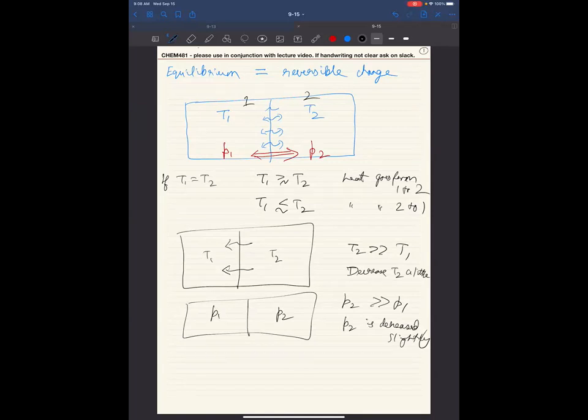So reversible change is when, let me write it down carefully.